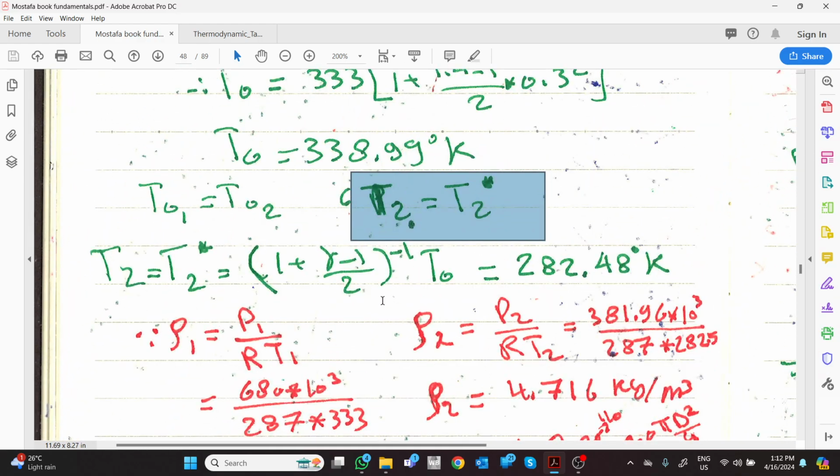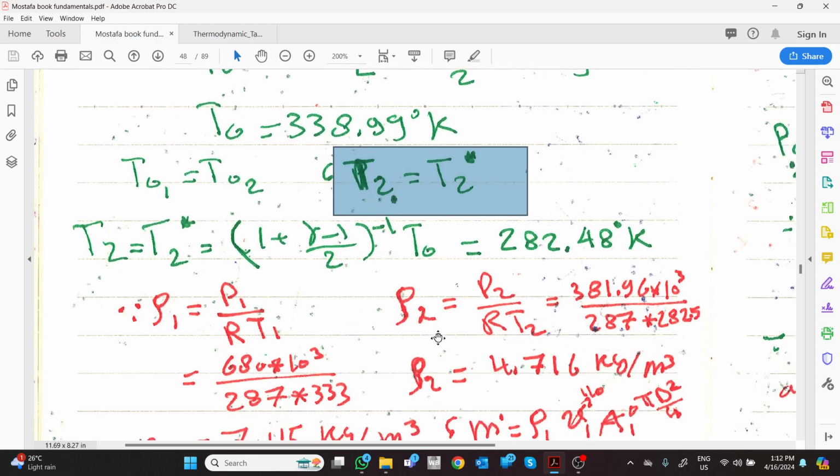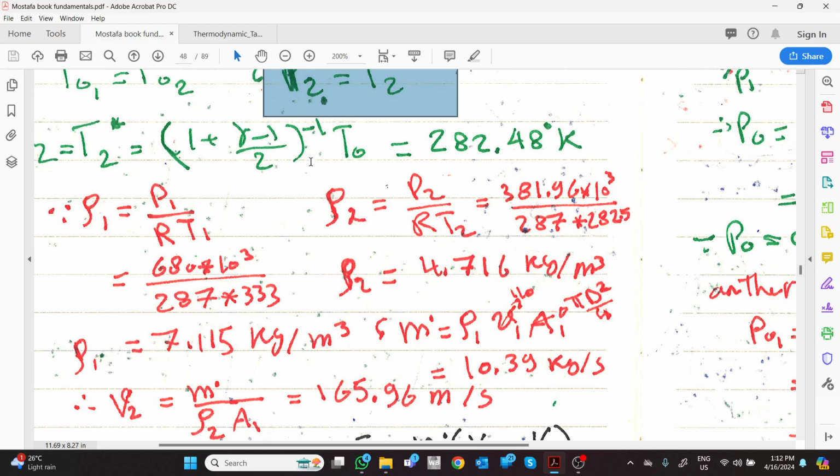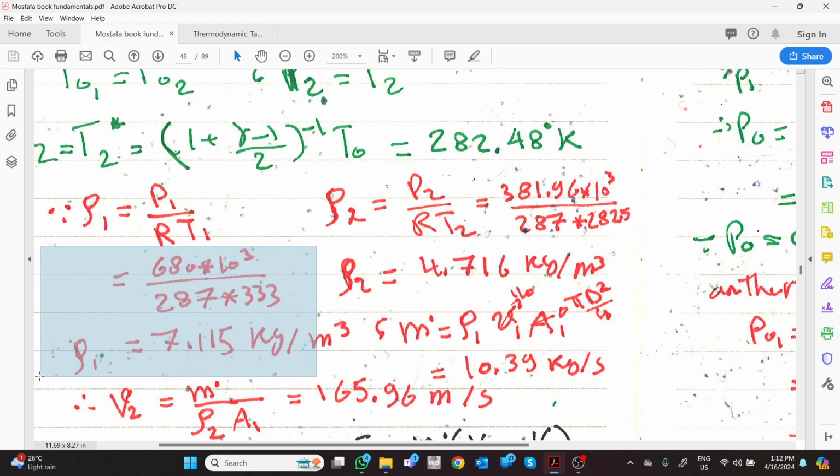Based on this, we can get temperature 2. If I have temperature 2 and pressure 2, I can calculate the density 2, P2 over RT2, and this is the density at 2, and the same for 1, this is the density for 1. Just keep it with you.